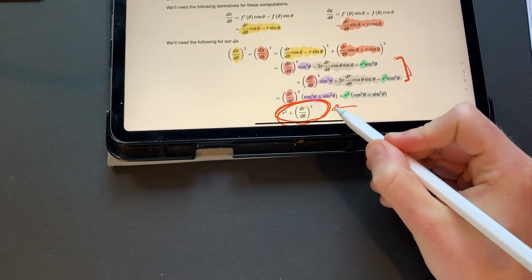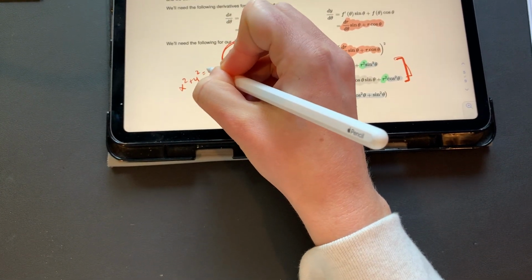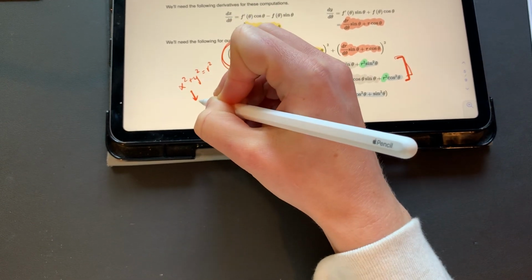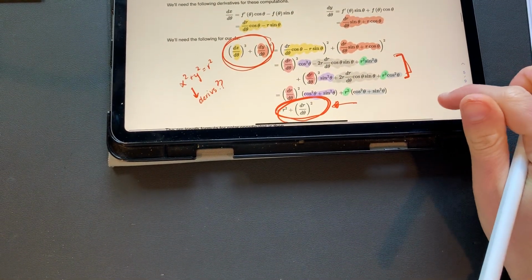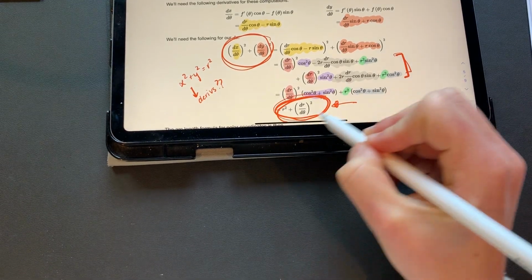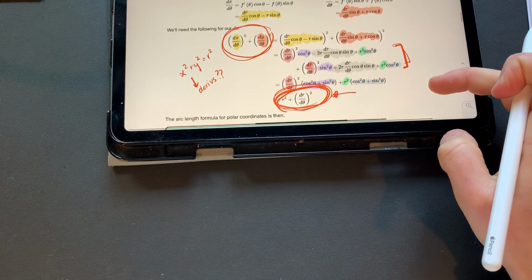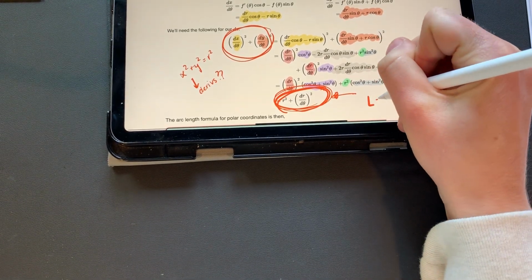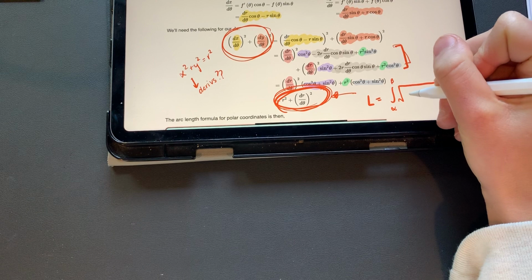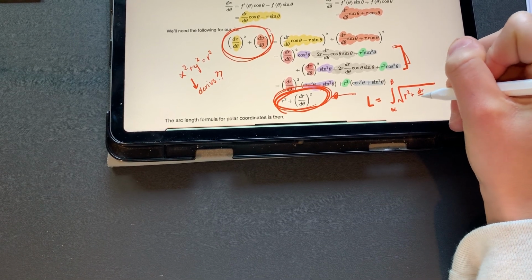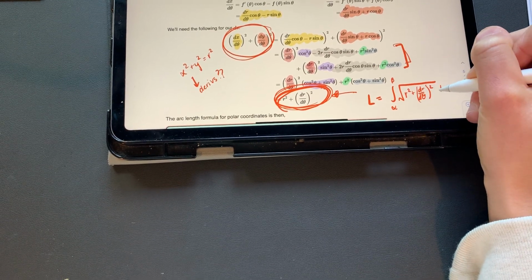So what is this? Why is this important? Well, this is taking us back to, remember where we started, x squared plus y squared equals r squared. Well, maybe derivatives of that is interesting. And so we're exploring that. And so this ends up being the arc length formula. So then the arc length formula is going from some alpha to some beta, the square root of r squared plus dr d theta squared d theta.